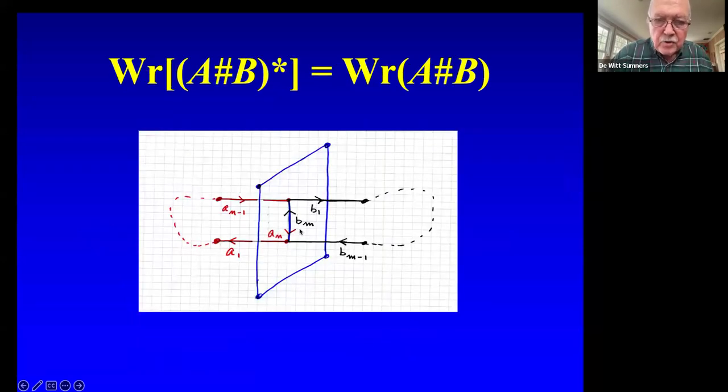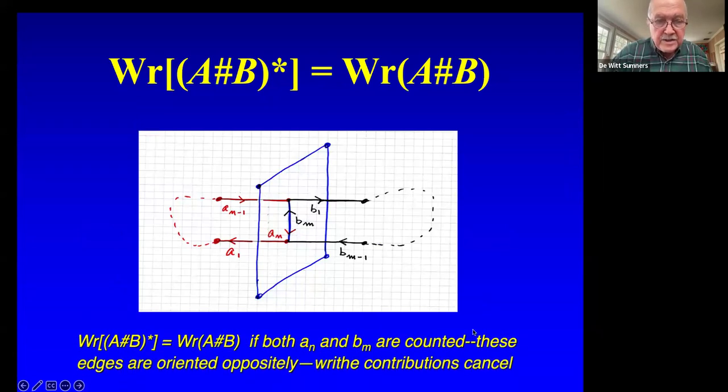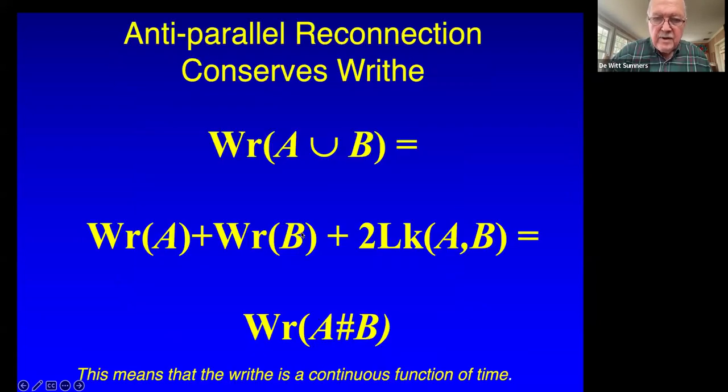So here's a picture showing this common edge. The A_N is coincident with B_M, and they're oriented oppositely, and I'm counting them twice. But if I count them both twice, the edges are oriented oppositely, so the writhe contribution of A_N cancels out the writhe contribution of B_M, and so I can forget it. So that means that the writhe of A union B is in fact equal to the writhe of the connected sum.